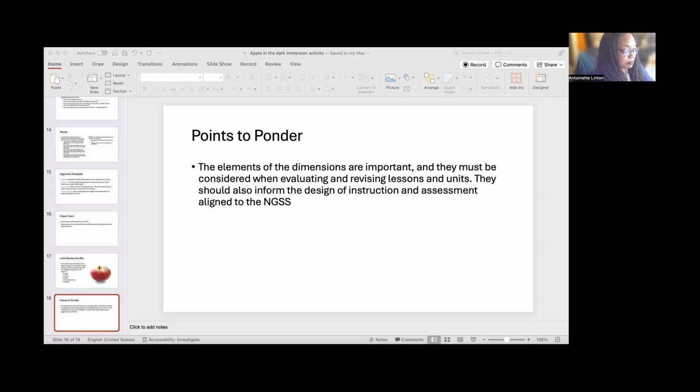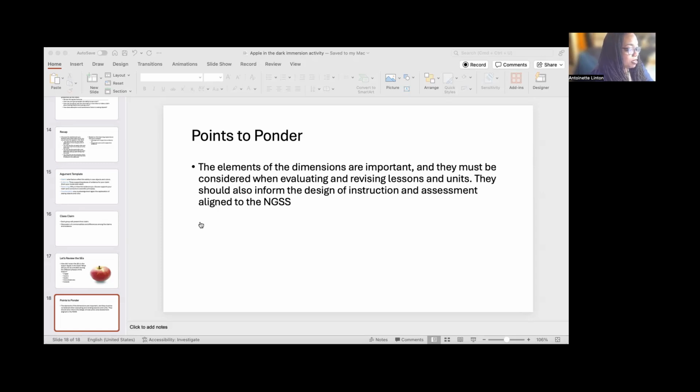When you download it from either the announcement I'm about to make when I'm done recording, or you can download it in Google Classroom as well. Please populate my 6A DUP using the Apple in the Dark crosswalk. I think I named it the crosswalk.